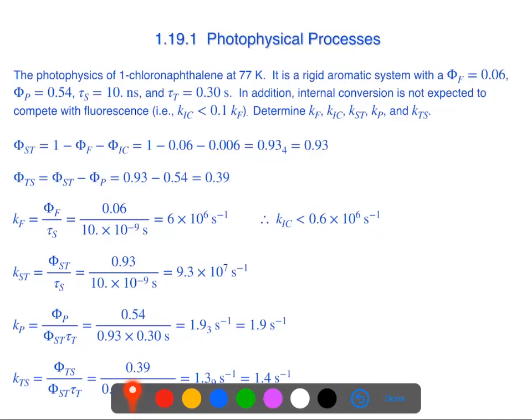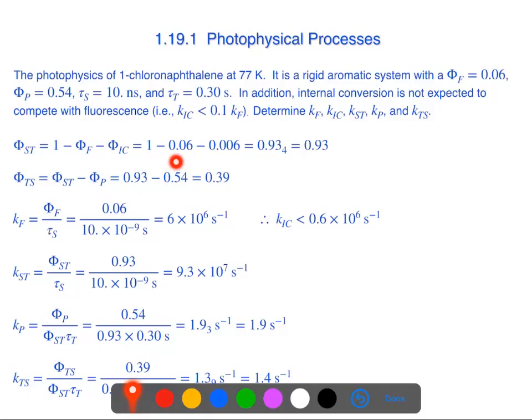We're given the quantum yield for fluorescence, and we're given our estimate for the quantum yield for internal conversion based on this comparison. If we use the value of the quantum yield for fluorescence to determine the quantum yield with respect to KIC, we end up with the following.